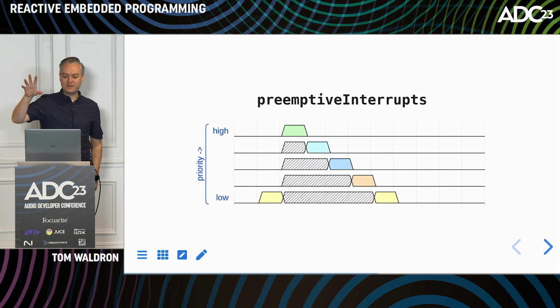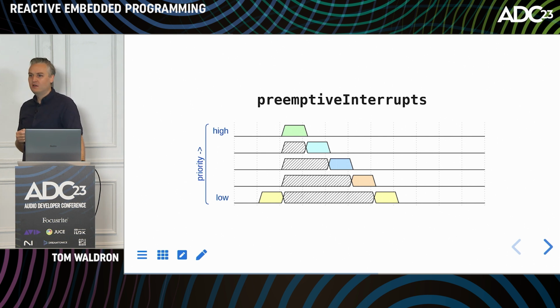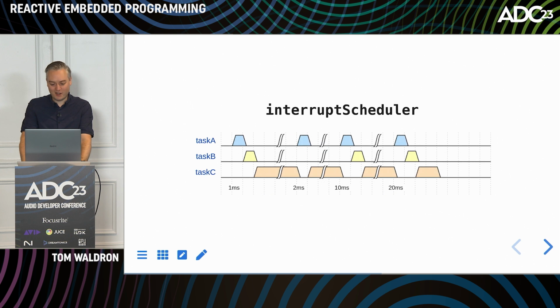If they all occur at the same time, then we'll just run the most important one and then cascade back down. This is very much how the ARM NVIC interrupt controller works, the nested vector interrupt controller that's in most ARM chips, most ARM microcontrollers. So you've probably got this feature. You might not, but you probably have.